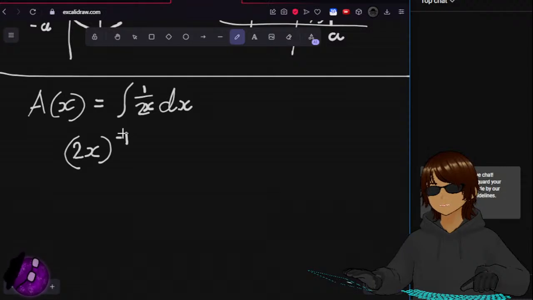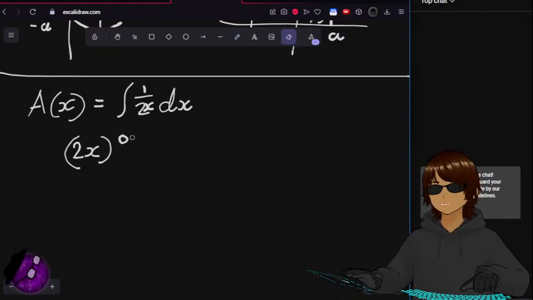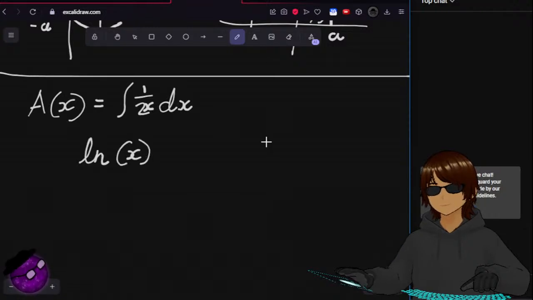If I derivate this like that, but to the power of 0 it will be equal to 1, right? Or no, if I do ln of x, the derivative of ln of x is 1 over x.